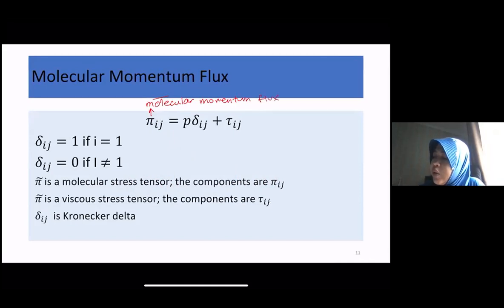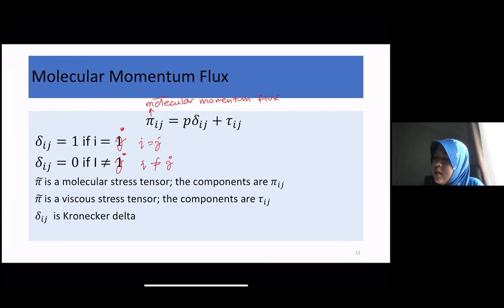It is actually equal to the pressure multiplied by the Kronecker delta. What is the Kronecker delta? The Kronecker delta tells you that this value equals 1 if i equals j.